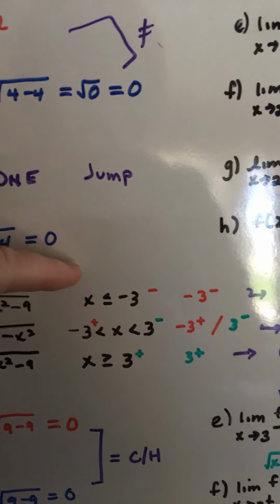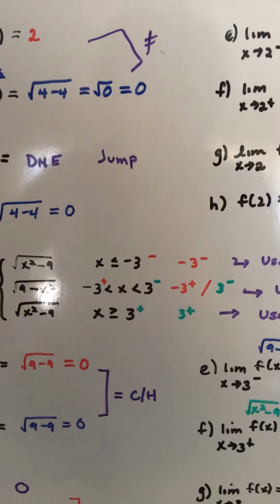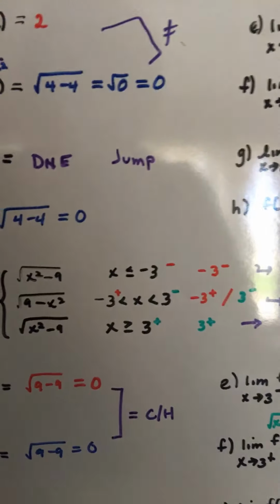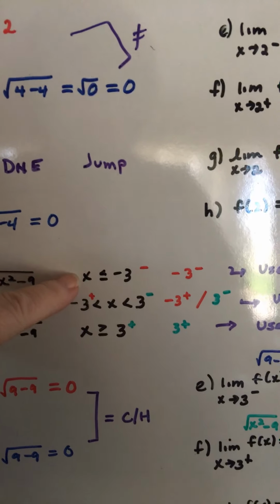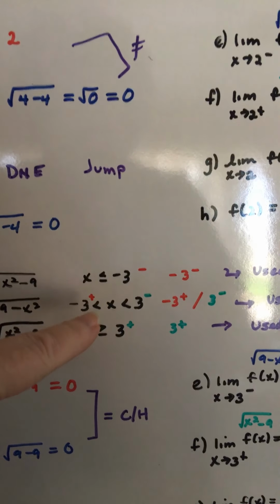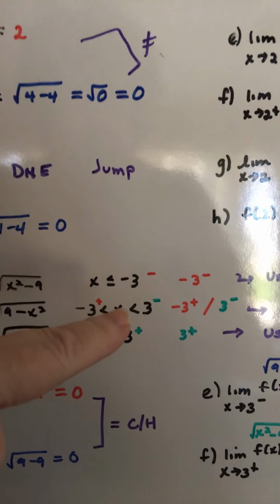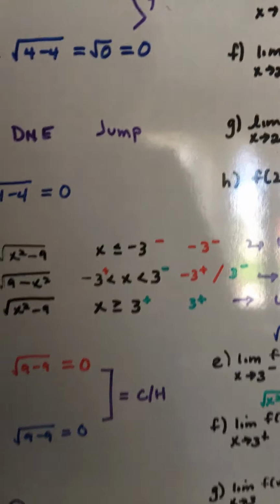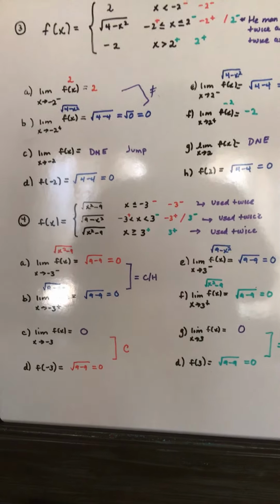The top one will always be used at least once and the bottom one at least once. We don't know which ones are going to get double duty, triple duty. This can only get double duty, but this can get double duty, triple duty, or quad duty, depending on what's going on. So this is all you needed for your next review sheet.